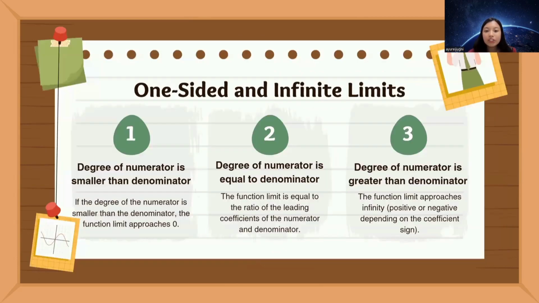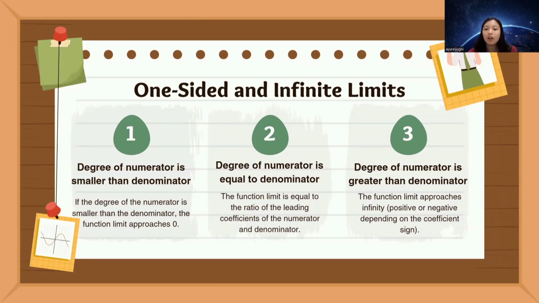Now, pay attention carefully because this is an important shortcut. There are three conditions. First, if the degree of the numerator is smaller than the denominator, the limit is 0.